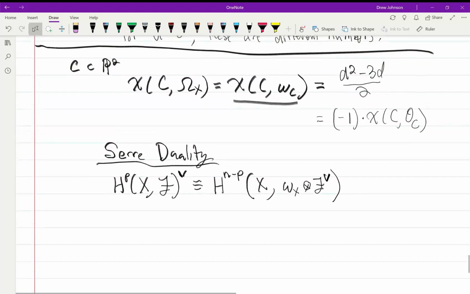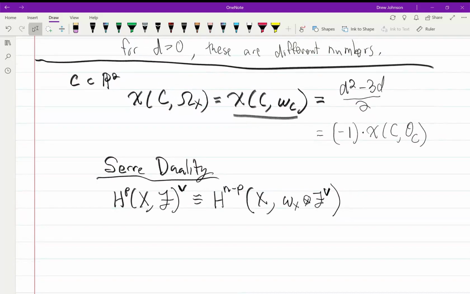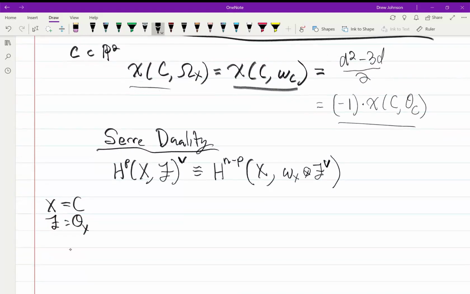Okay, so how is this relationship here a consequence of Serre duality? Well, now let's let X be our curve, and let's let F just be the structure sheaf. We can notice that the dual of a vector space has the same dimension.